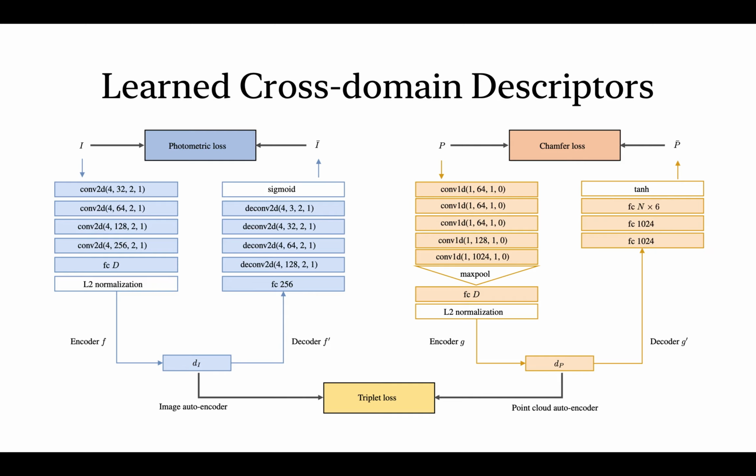To enforce a shared representation, the two autoencoders are tied together between their bottlenecks by optimizing a triplet loss. In addition, we also optimize the photometric loss and Chamfer distance between the input and reconstructed patches. The final training loss is a combination of photometric loss, Chamfer loss, and triplet loss.